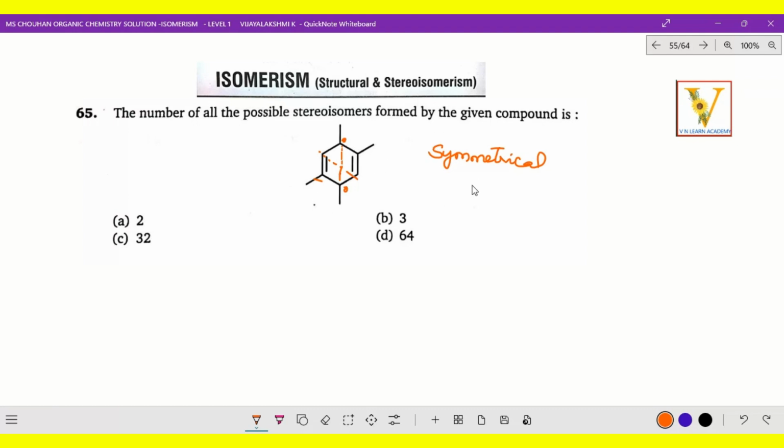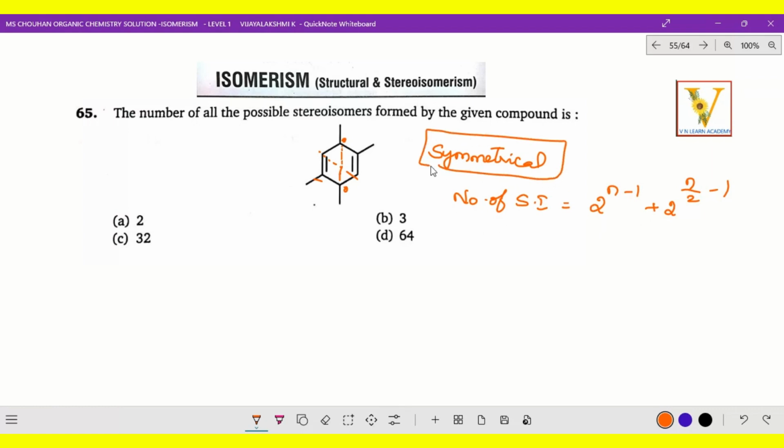Yes. Now, what is the formula? Third point. The number of stereogenic centers, that is the number of stereoisomers, is equal to 2 to the power of n minus 1 plus 2 to the power of n by 2 minus 1. So this is the formula. Now this is an even number, symmetrical, no?